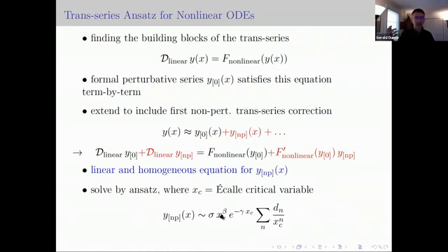Of course, the 3/2 is not so important here. We could absorb it into beta, but let's keep it to be this critical variable. And then an expansion in inverse powers of that. And since it's a homogeneous equation, we can allow for an overall coefficient.